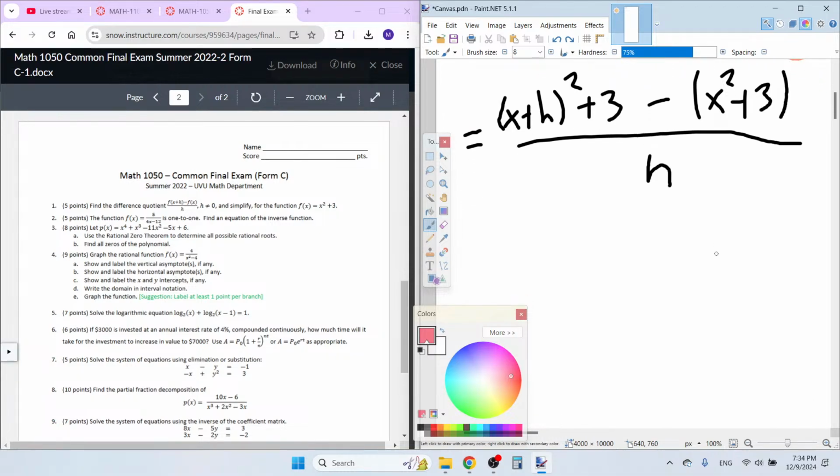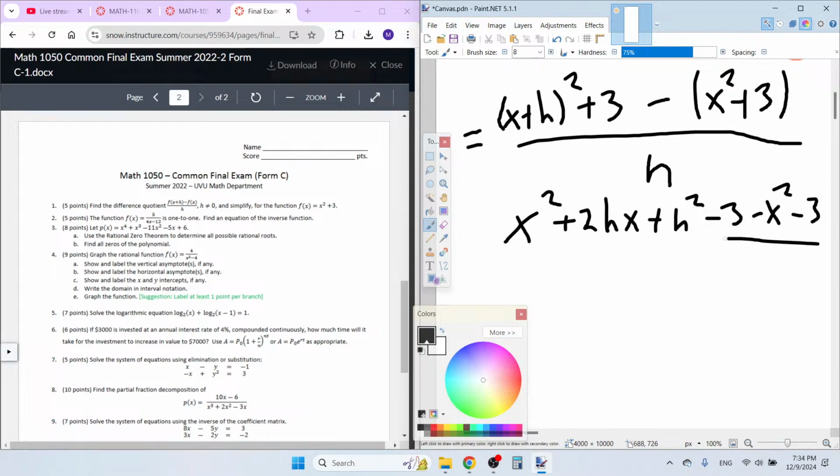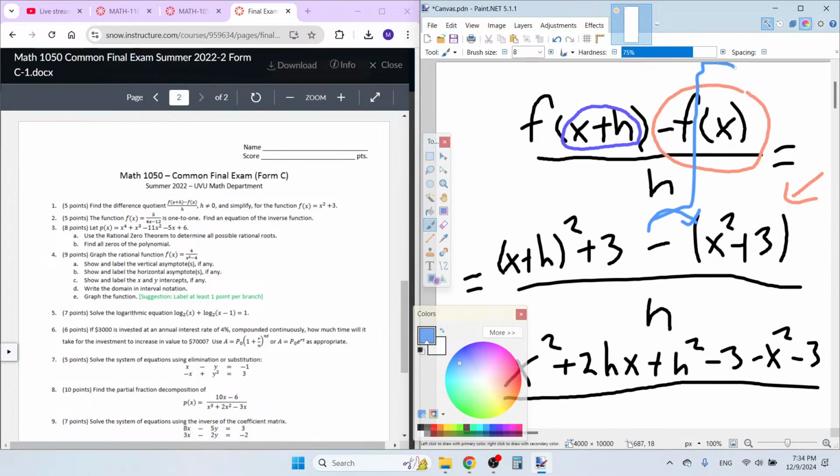Let's simplify. We get x squared plus 2hx plus h squared minus 3 minus x squared minus 3. That's done by distributing this negative sign.